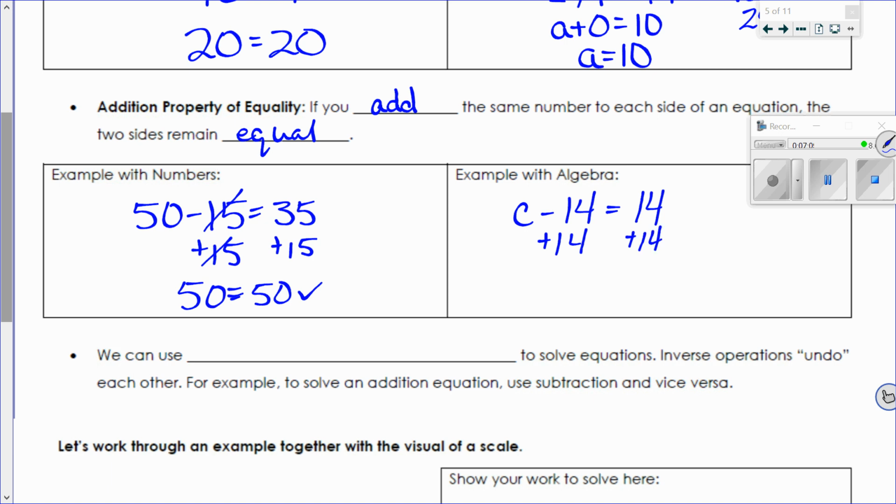And that's one of the keys on both of these properties. 14 minus 14 is 0, so I just have C. 14 and 14 is 28. So we verify our answer. 28 minus 14 equals 14. 28 minus 14 is 14. That's 14 equals 14. Check.